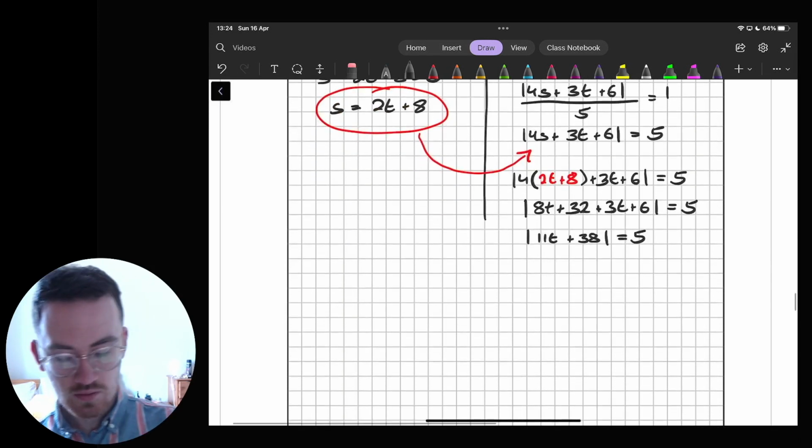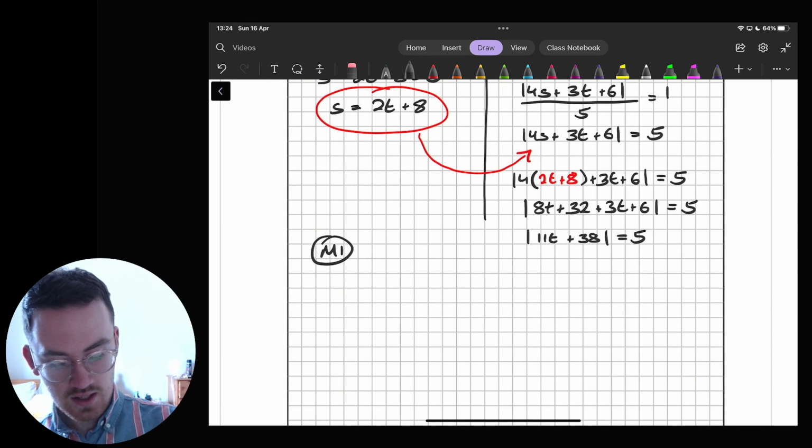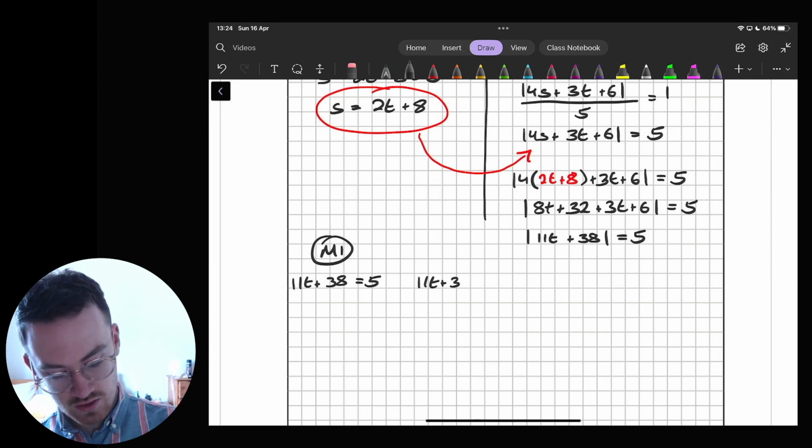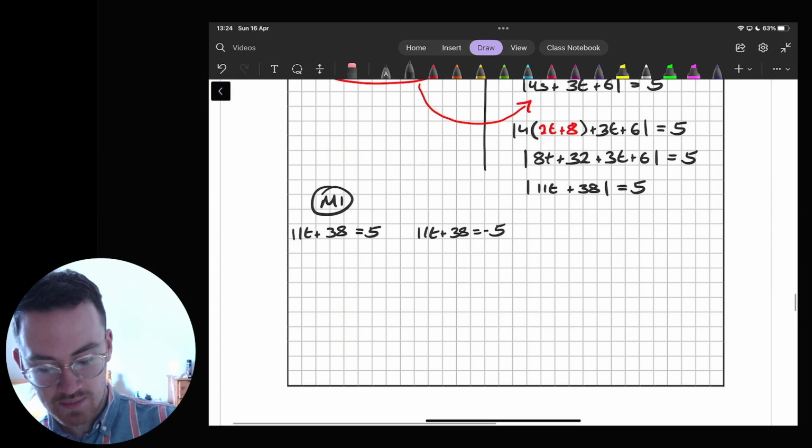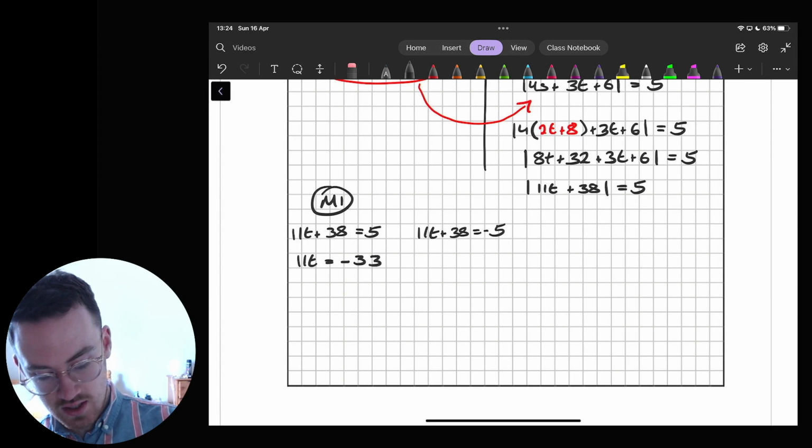And now we've our two methods obviously for answering this. So first of all, I could say that 11t plus 38 is equal to 5, or 11t plus 38 is equal to minus 5. And that means then that 11t is equal to minus 33. So t is minus 43.